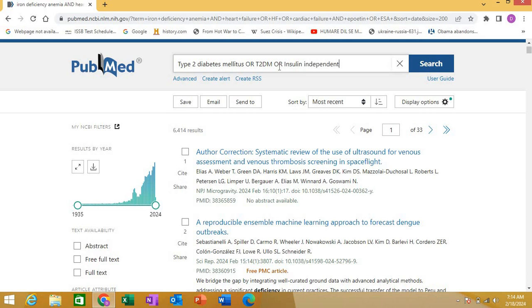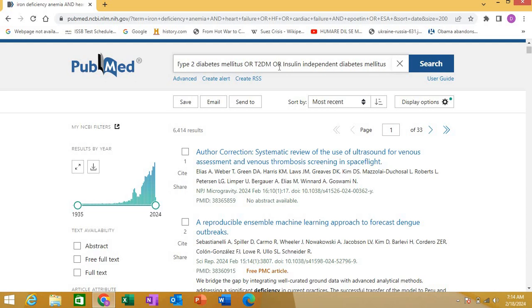Type 1 is insulin dependent diabetes, so type 2 is insulin independent diabetes mellitus, say for example. So I have completed one keyword, with different terms I've used for a single entity, type 2 diabetes.